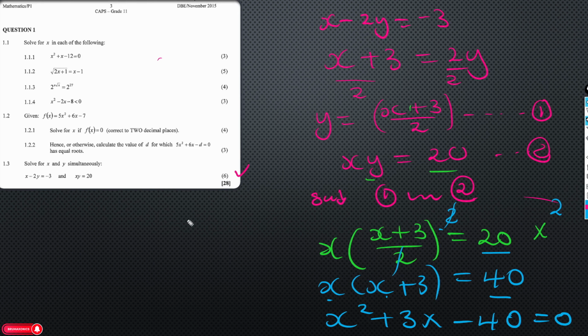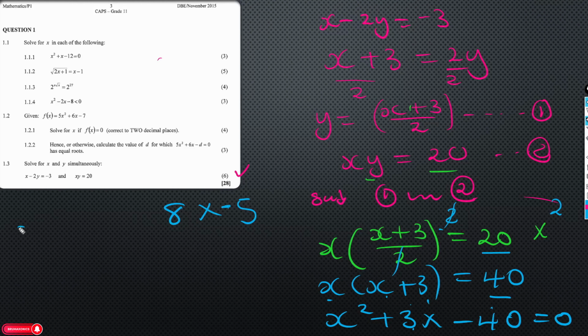So now the final part will definitely be us trying to get the common factors, something that we can multiply, and when we add them we are going to get positive 3. So that will be a bigger number, like 8 times 5, and this one should be negative and this one will be positive. When we add them we are going to get positive 3, right?